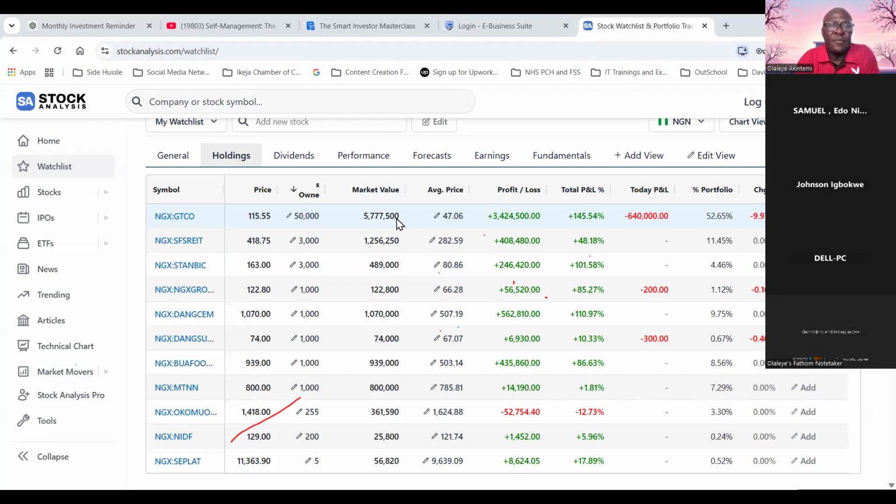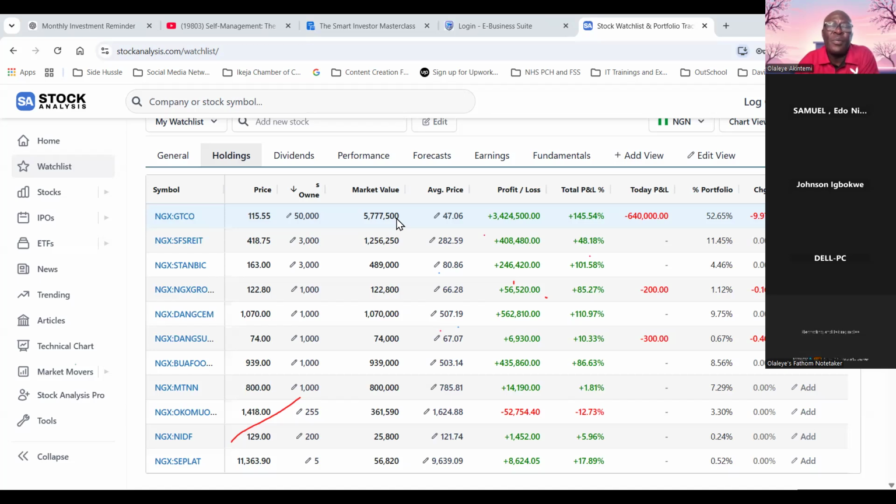But what happened is that Gitco is the very first stock that I bought. And when I bought it, they did a public offering and they were selling it at 44 naira 50 kobo. At that time, I just decided I'm going to go all in. I bought 45,000 units, which cost me about 2.2 million. A few weeks later, I bought an additional 5,000 units, which made it 50,000 units.